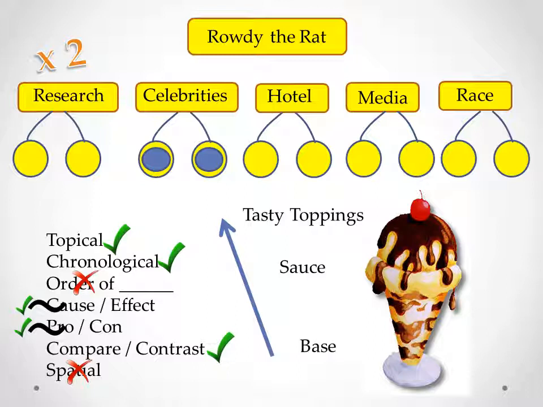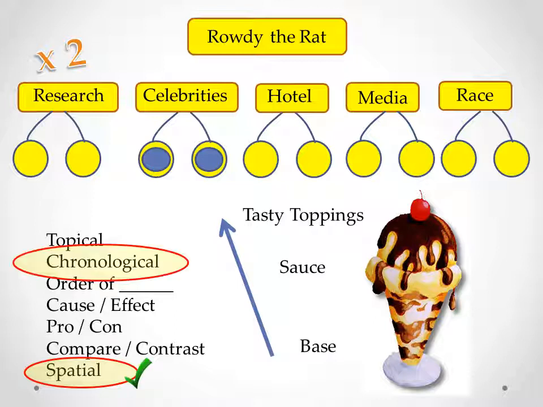Now that we've added our sauce, let's move up to the top to add our tasty toppings. That indicates distance, that indicates space, that indicates a movement from bottom to top. That would be spatial arrangement. So really, it's all about the wording that you use that would define it either as spatial or chronological arrangement. Okay? And that's how you decide.